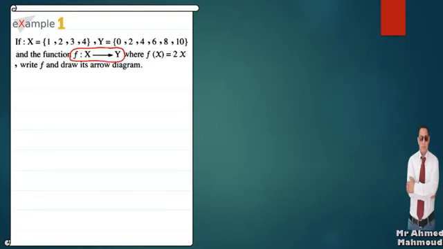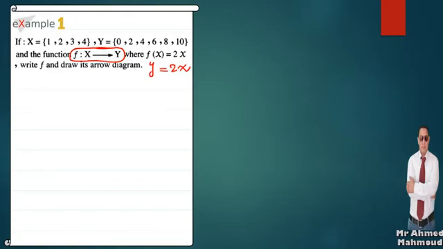As we studied before, a function from x to y means every element from x has one image from y. This symbol means function from x to y, where x is the domain and y is the codomain. The function f of x equals 2x, or in other words y equals 2x. Then the rule y equals 2x or f of x equals 2x, because f of x equals y.